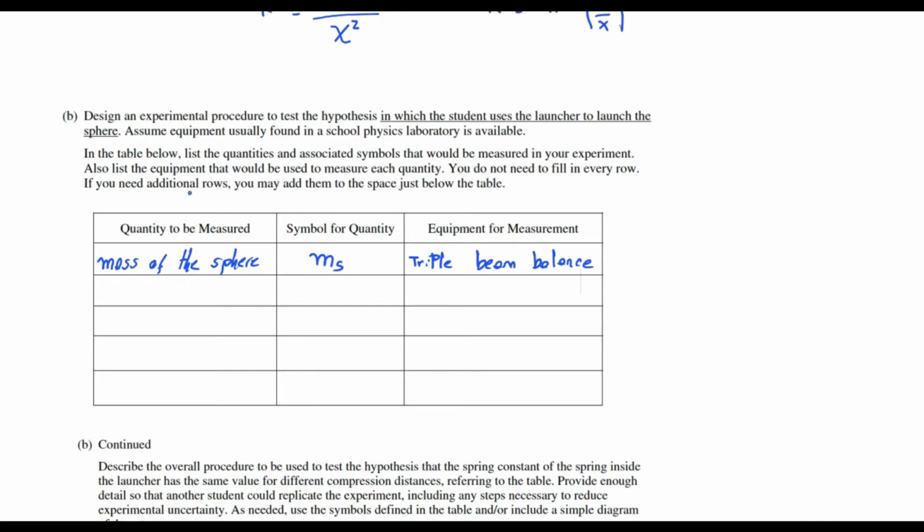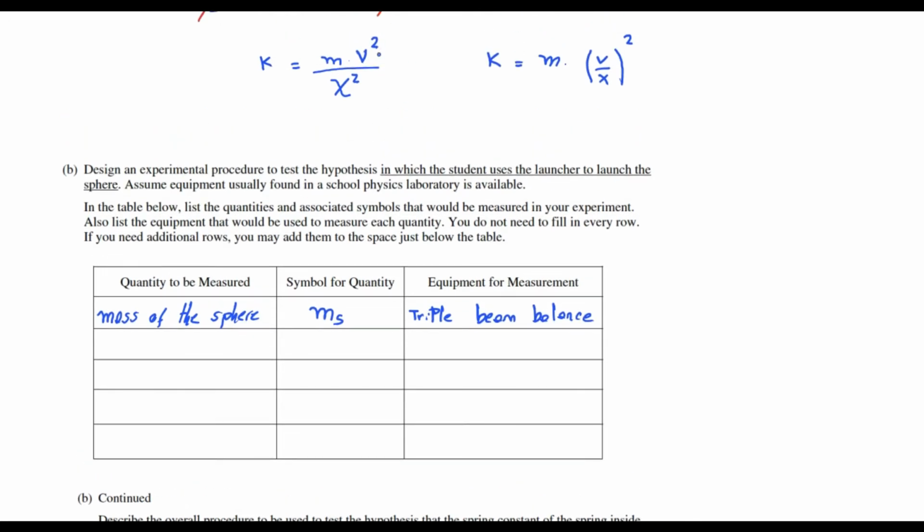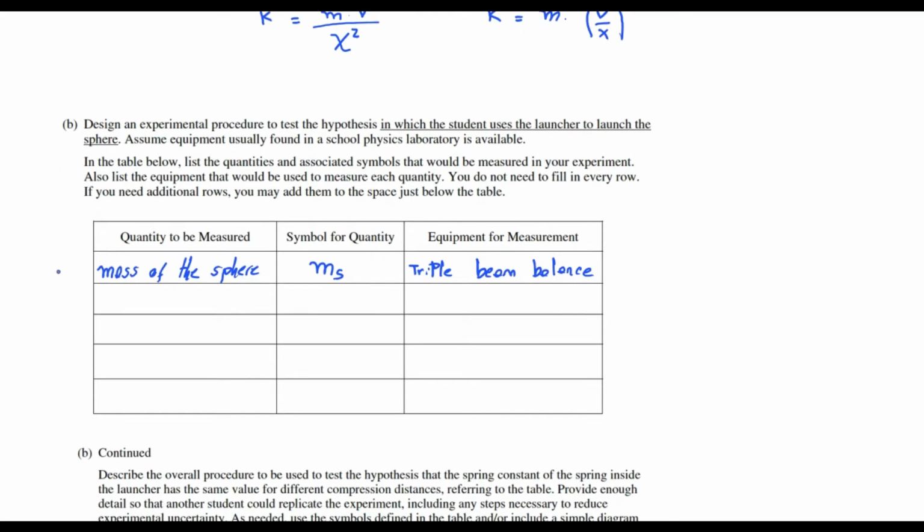Okay, what else? We need to be able to measure the velocity that the sphere has once it is released. So quantity to be measured: velocity of the sphere, which will be represented by the symbol v or v_s.